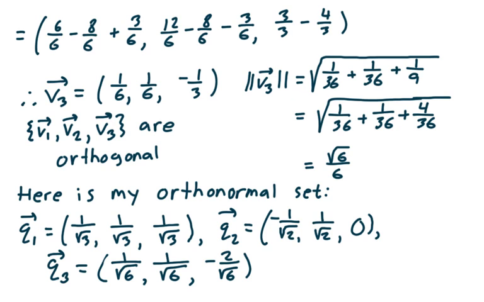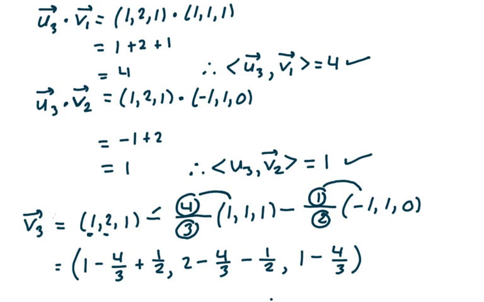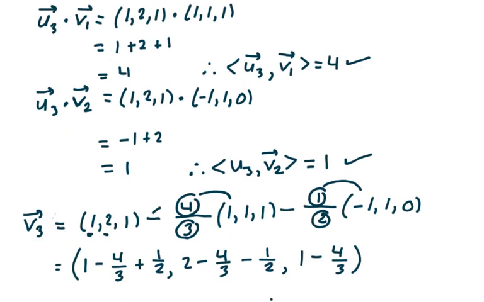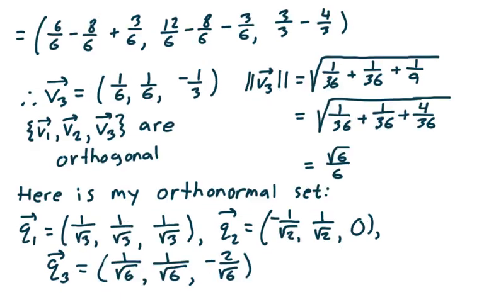And the way to do that is I start with V1 and divide every component by the norm of V1. And if we go back, the norm of V1 is the square root of 3. And then the norm of V2 ended up being the square root of 2. And then the norm of V3 is the square root of 6 over 6.